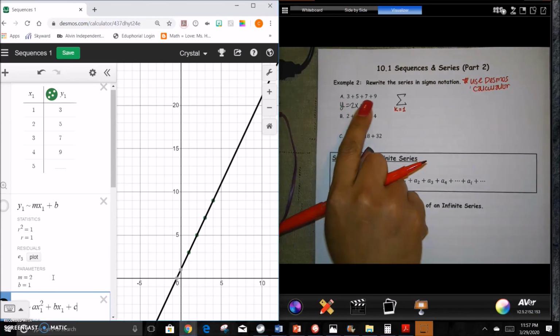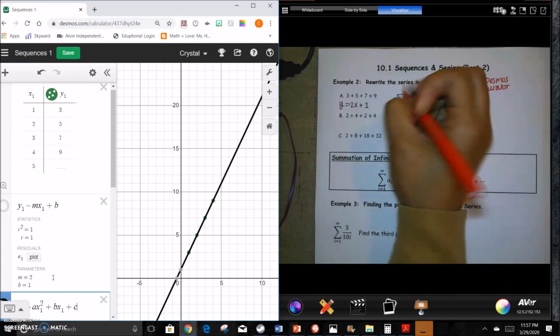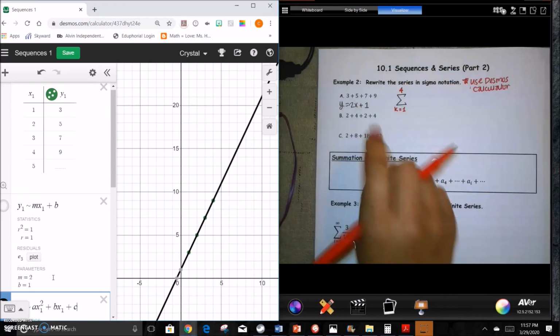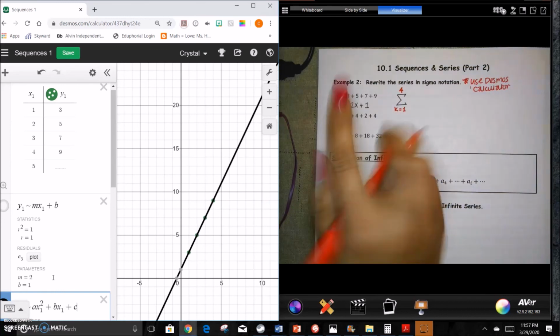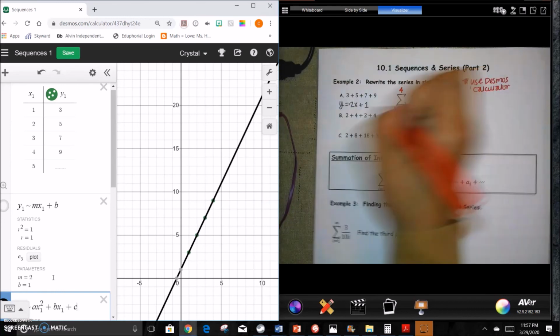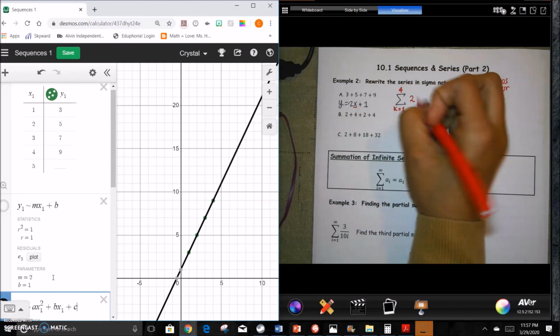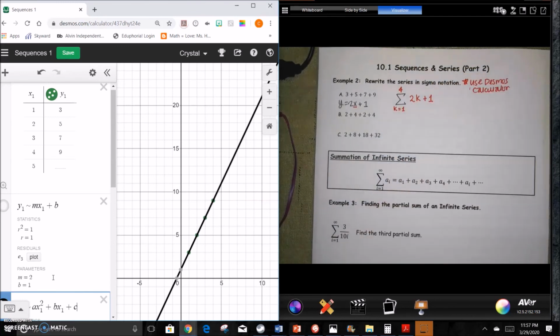Our upper limit is 4 because we have a maximum of 4 numbers in our sequence. Okay, the expression used to get there is 2, and I have to replace the x with k now, k plus 1. And now you have just written it in sigma notation.